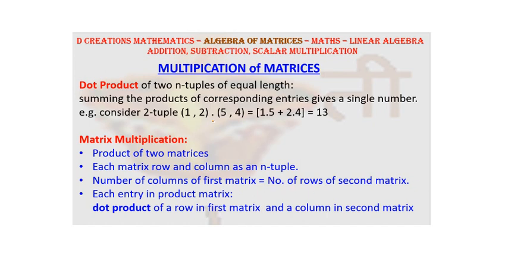Why is it? Because every entry in the product matrix comes from the dot product of a row in first matrix and a column in second matrix. And we will be able to take the dot product only if this condition is satisfied. That is, the number of columns of first matrix is equal to number of rows of second matrix.